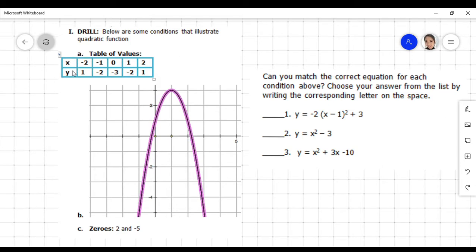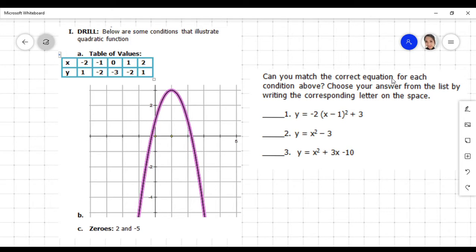Ito siya. And then we have the graph, and that's a parabola, and the zeros, or these are the abscissas of our x-intercept points. So here in the next question, can you match the correct equation for each condition above?